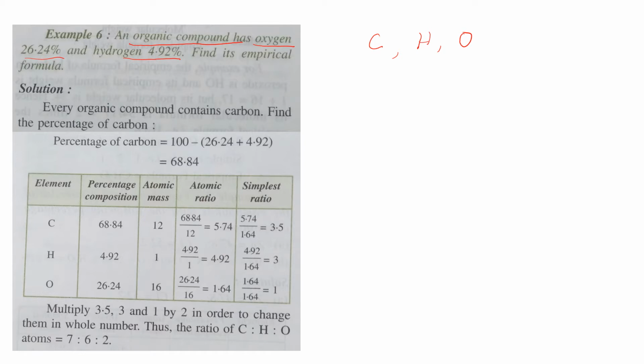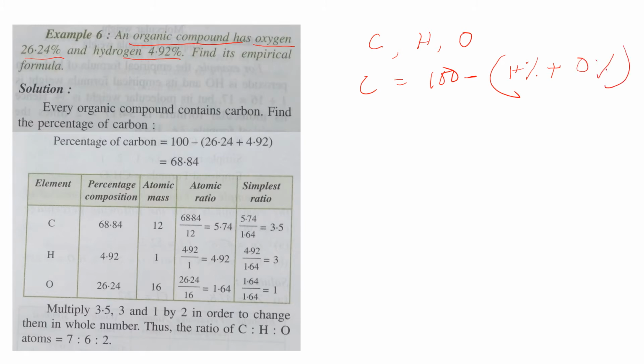This is in the rule I already told you. How to find out the percentage of carbon? We will get carbon is equal to 100 minus percentage of hydrogen plus percentage of oxygen.